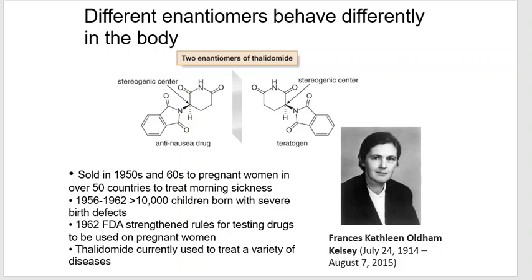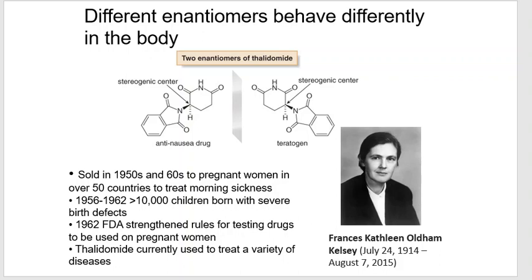It was not sold in the U.S. because it was blocked by the FDA, and particularly by Frances Kathleen Oldham Kelsey, a pharmacist at the FDA, who recognized that it hadn't been tested on pregnant women, although it was being prescribed to pregnant women to treat morning sickness.